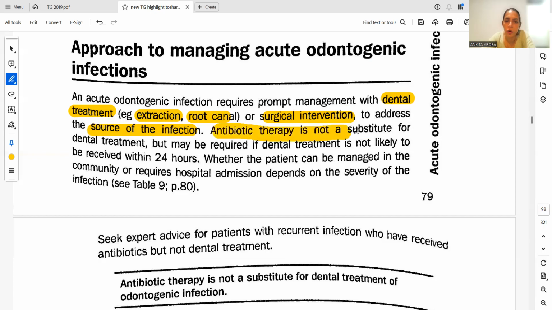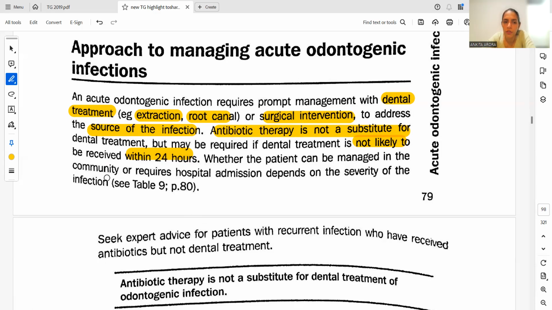Antibiotic therapy is not a substitute for dental treatment, but may be required if dental treatment is not likely to be received within 24 hours. So if you can initiate root canal treatment or do the extraction when the patient reports to you, please proceed, and this patient does not need antibiotics.